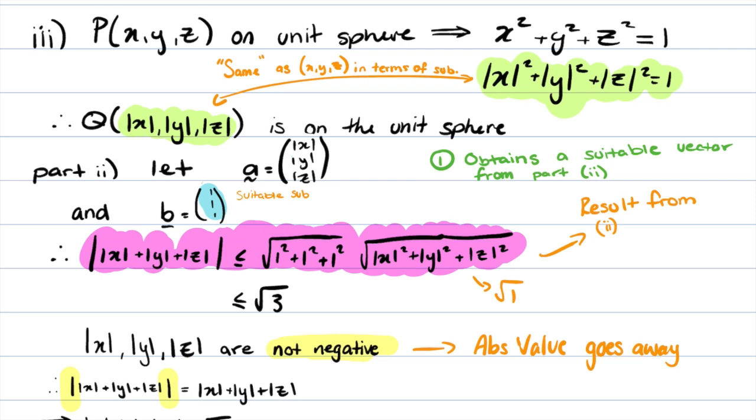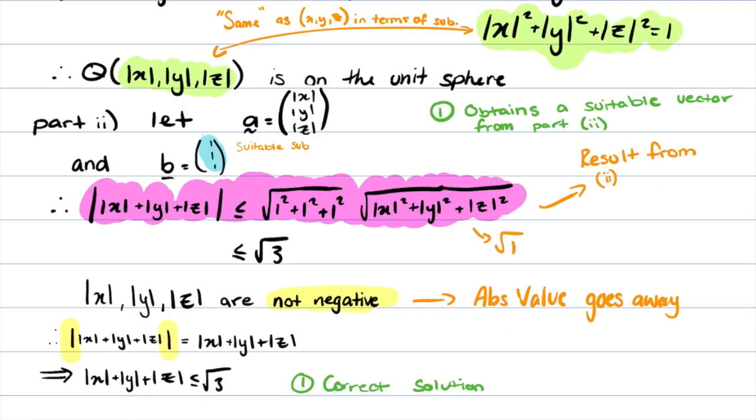From here we get our inequality from part 2, where the magnitude of X plus the magnitude of Y plus the magnitude of Z is less than or equal to the magnitude of our vector B times the magnitude of our vector A. We know as defined that this is equal to 1, and then using this we know that that is equal to the square root of 3.